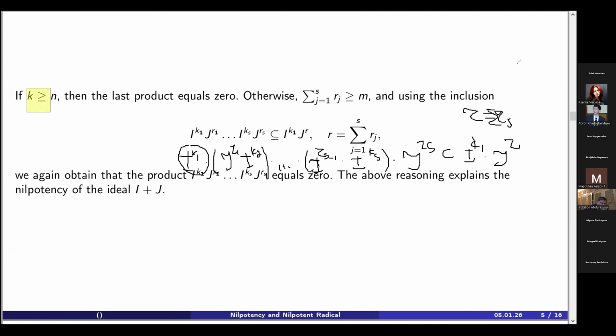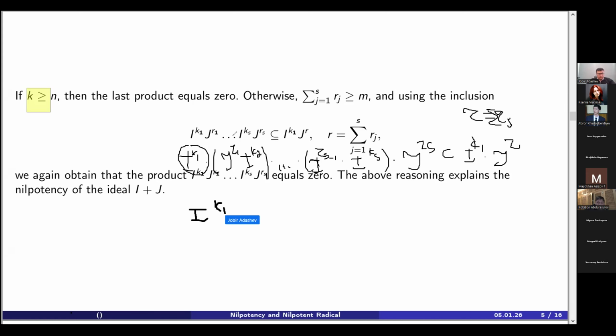Why does the degree of I begin with k2, not 1? Sorry, repeat. There you write I^k1 multiplied by J^r1 multiplied by I^k2. Why k2, not 1?